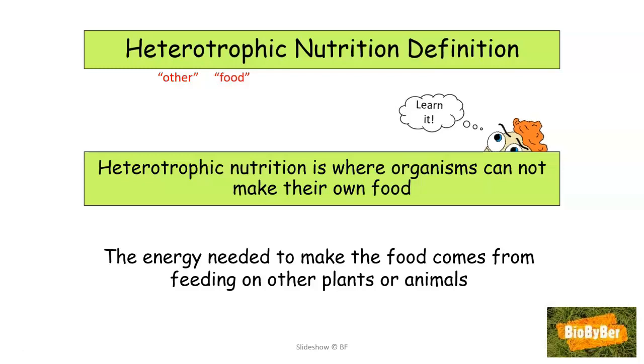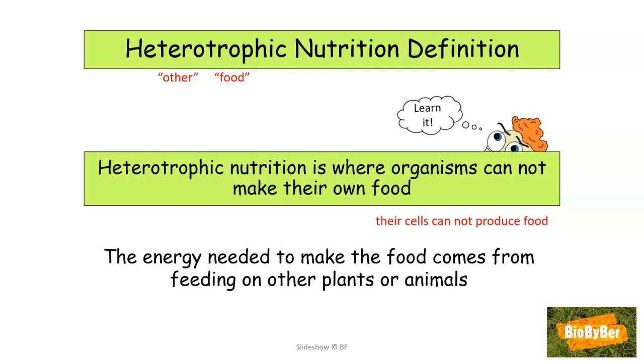Again, the definition of heterotrophic nutrition is very important: it is where organisms cannot make their own food. Their cells cannot produce food for the organism. The energy needed has to come from feeding on other plants or animals. In other words, they feed on others.